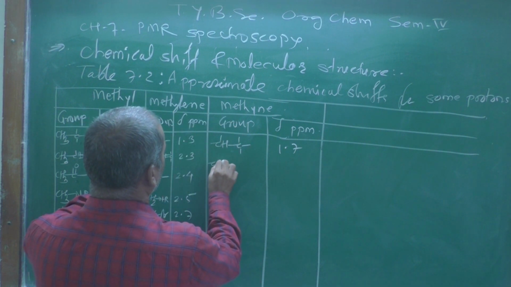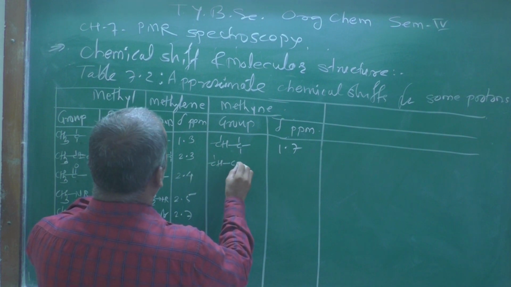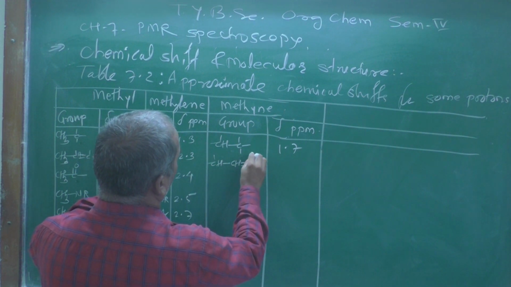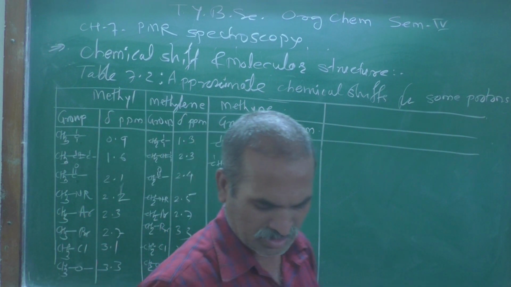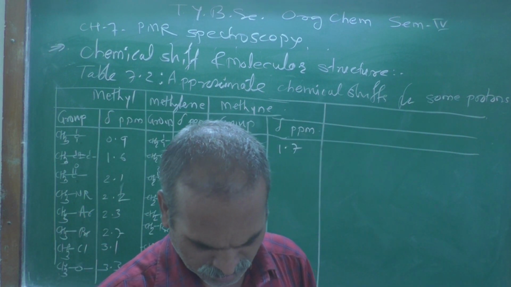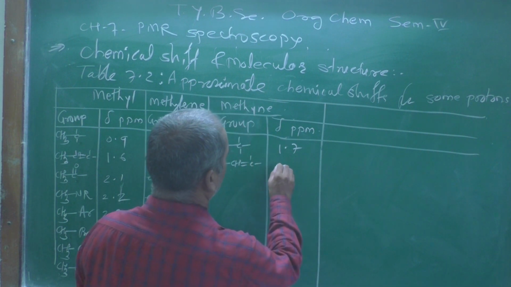Suppose here CH is further attached to a double bond, then for that methane the value comes around 2.6.